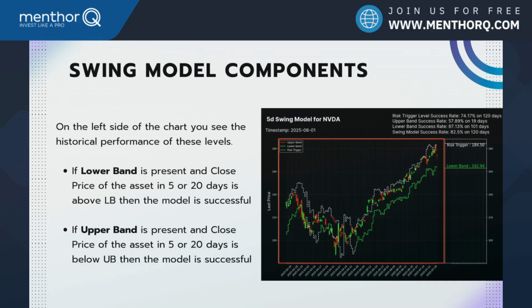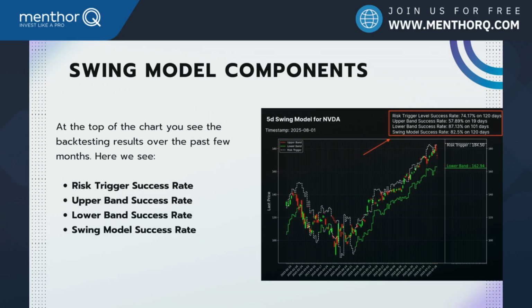The goal of the model is really to forecast what range the price would be in 5 days or 20 days from now. At the top, we see the backtesting results. In the chart we see the risk trigger success rate, the upper band success rate, the lower band success rate, and then the swing model success rate that combines both the upper band and the lower band success rate.